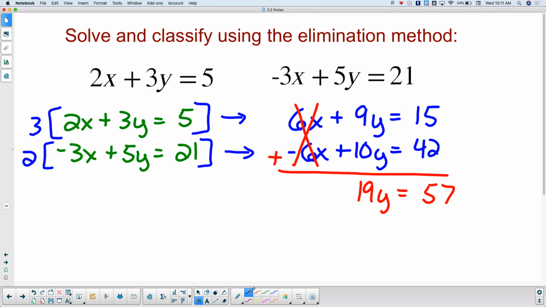Okay. Step 4. Solve for y in this case, or solve for x, whichever one you're eliminating. Yep, solve that equation. Dividing both sides by 19 gives me what? 3. Okay. Now what? Step 5. Plug 3 in and solve for x. Which equation do you want to plug 3 into? Left or right?